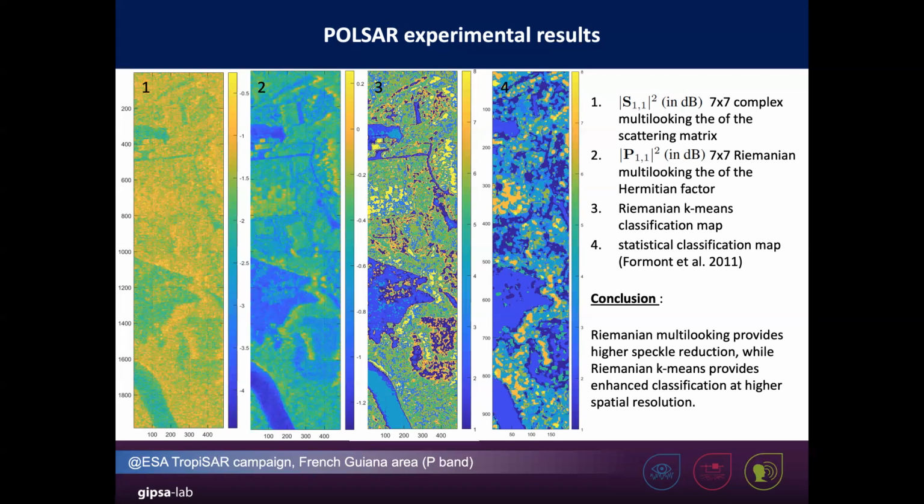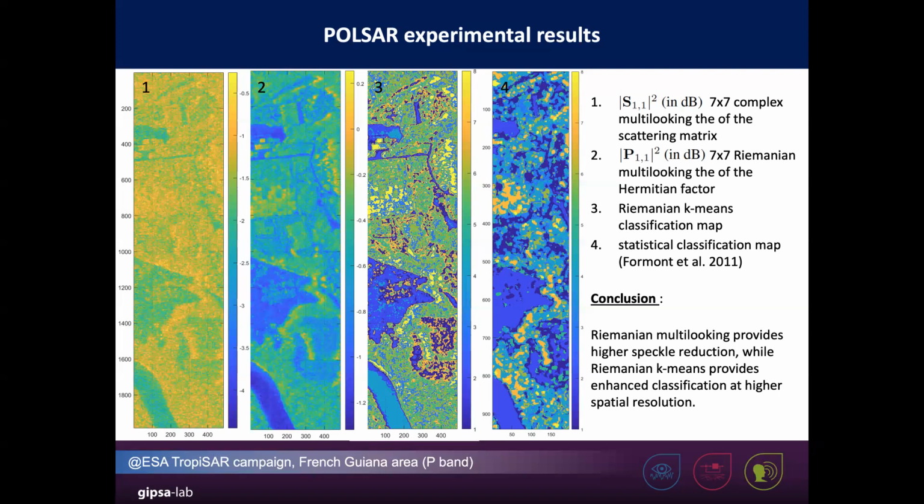Now, if we compare the classifications, we have figure number 3, the results obtained with the proposed algorithm, and figure number 4, which is the result obtained using the geometric k-means classifier with the standard covariance matrix.